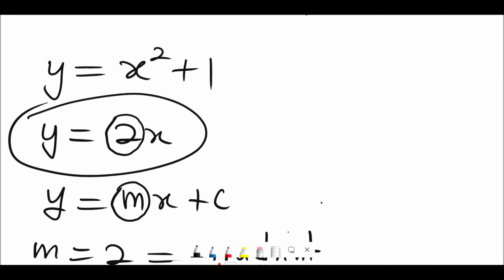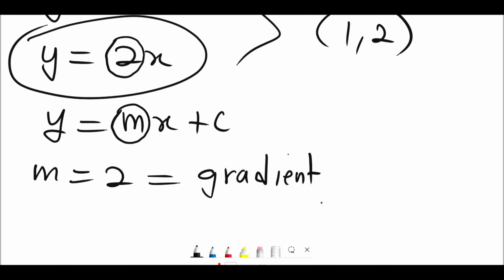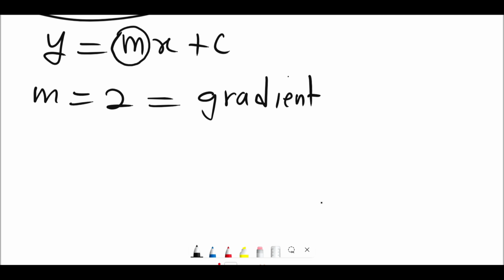Now you can see that the curve y is equal to x squared plus 1 and the line y is equal to 2x meet at a point with coordinate 1 and 2, where 1 is for the x and 2 is for the y. Now let us check if we get the same gradient for that of the curve.